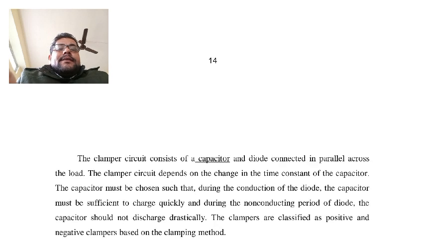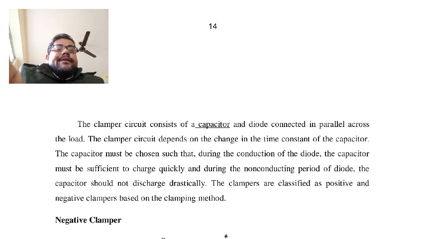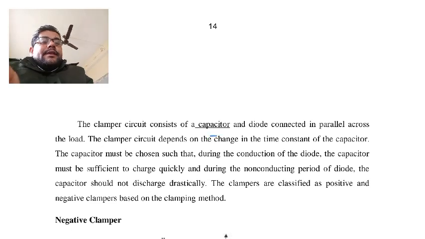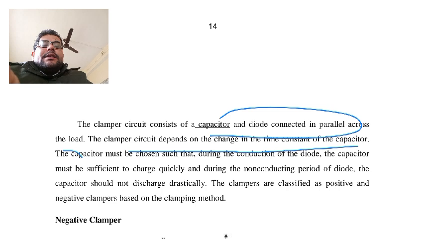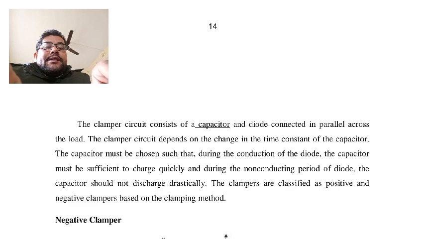So the clamper circuit consists of a capacitor and a diode, with a load in parallel across them. The clamper circuit depends on the time constant of the capacitor. Based on how the capacitor time constant changes, the output depends. The capacitor must be chosen so that during conduction of the diode, it charges quickly.